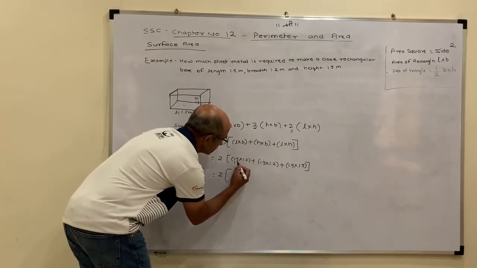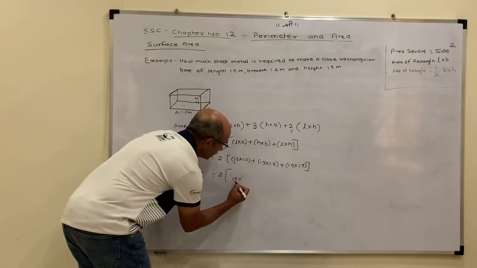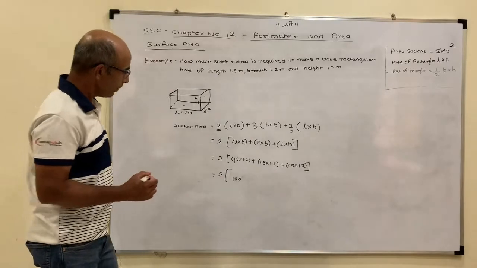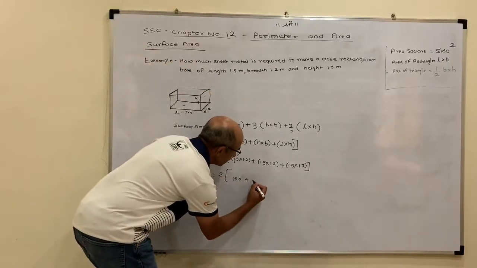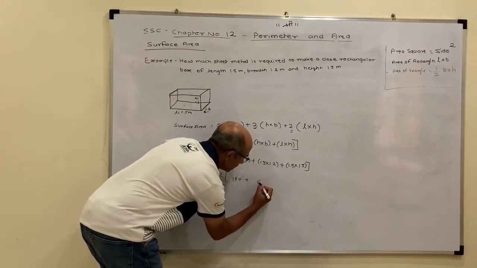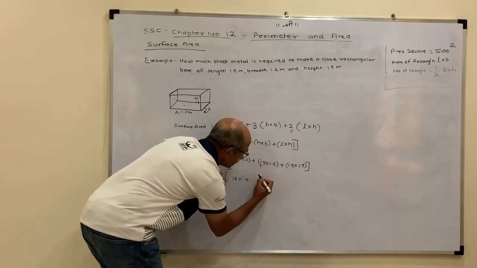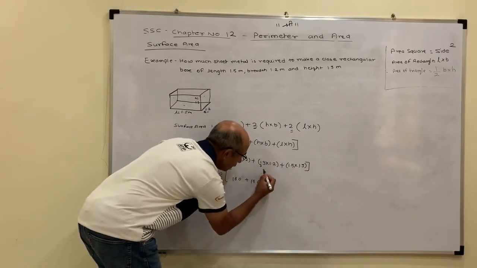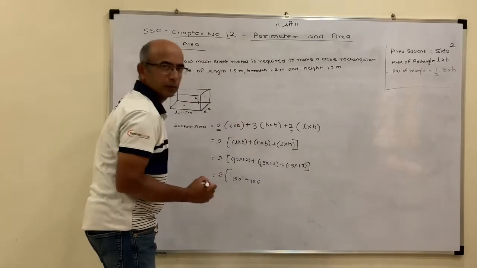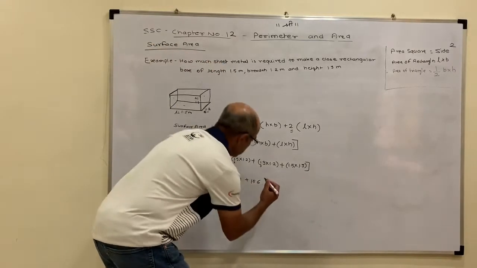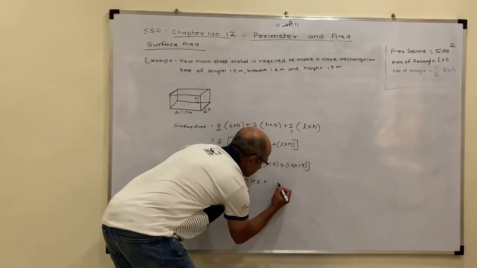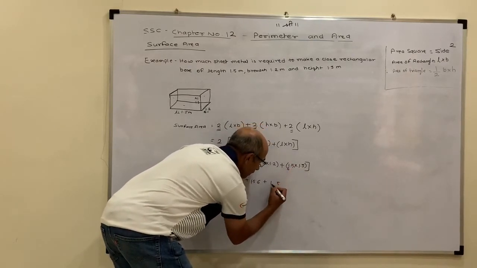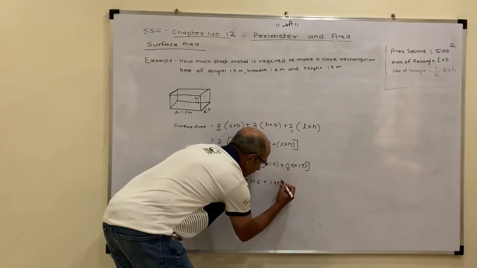Then 1.2 times 1.3: 12 3s are 36, 12 1s are 12, plus 3 is 15, so 1.56. And then 1.5 times 1.3: 13 5s are 65, 13 1s are 13, so 1.95.